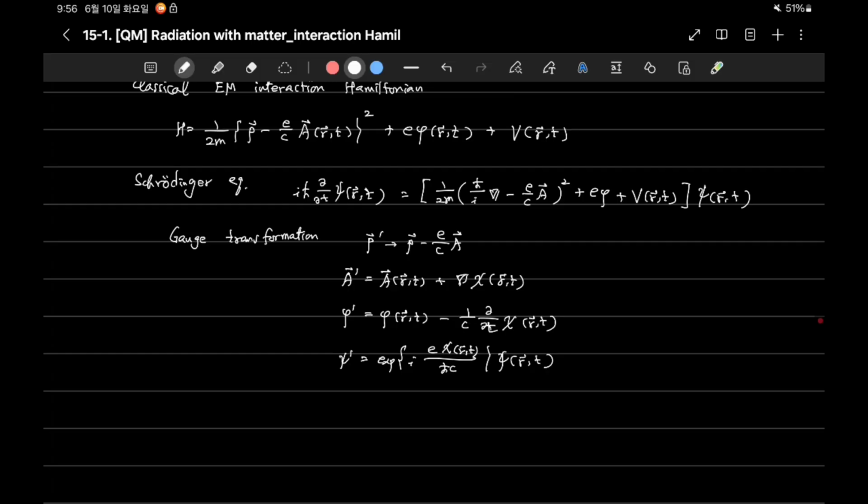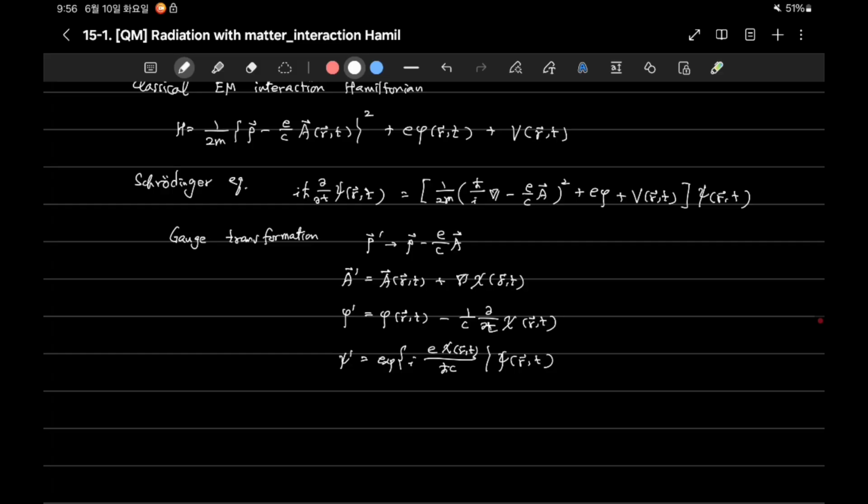Under this transformation, the canonical momentum is gauge invariant. I will not prove it in more detail. Anyway, we call this the canonical momentum, and it is invariant under this gauge transformation.